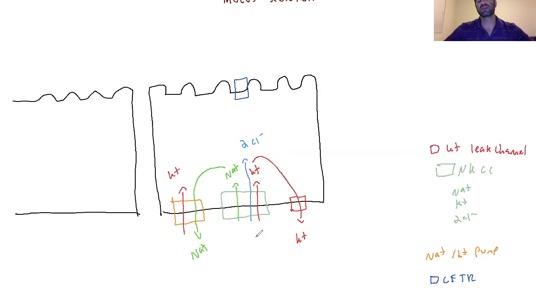The NKCC symporter brings in 1 sodium, 1 potassium, and 2 chlorines, balancing out the charges. Then the potassium is going to eventually leave via a leak channel. Sodium is going to leave via the sodium-potassium pump, and then there will be potassium added via the sodium-potassium pump as well.